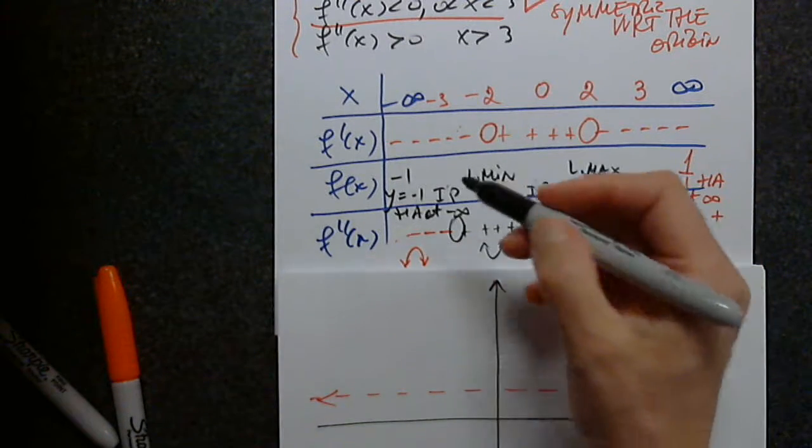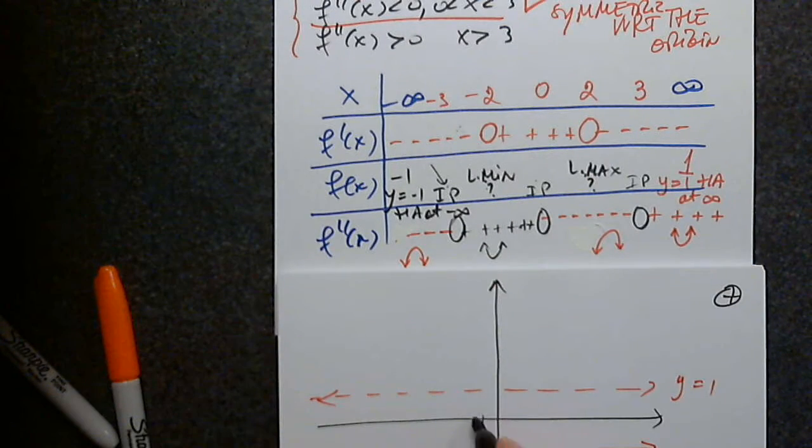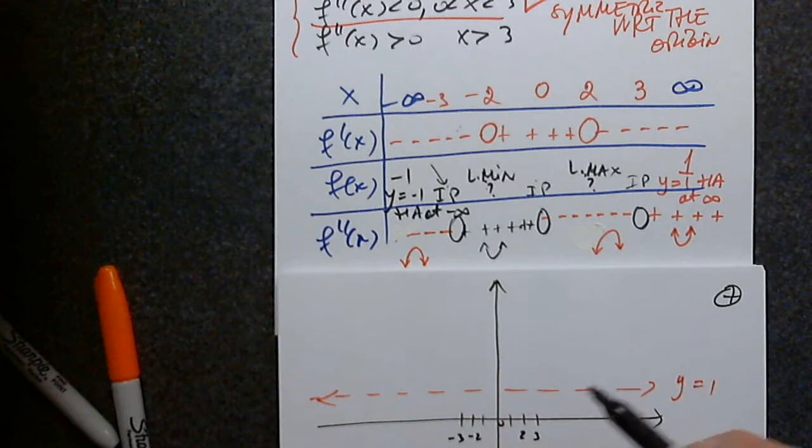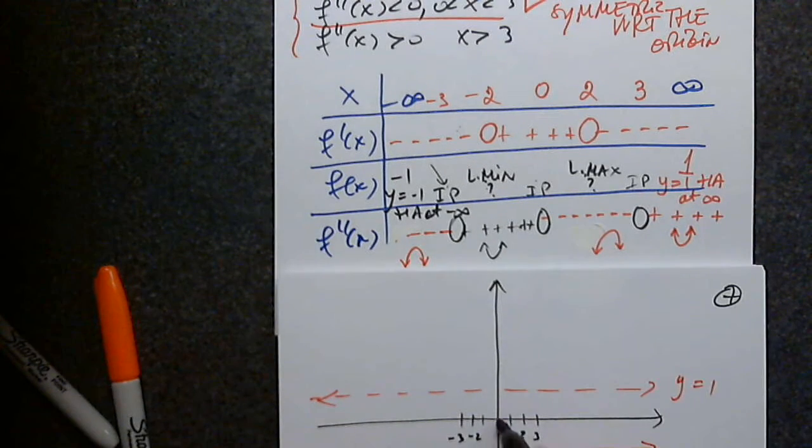So the function has to decrease to this -3. Oh no, it's -3. I don't have a number. And 1, 2, 3. So this is -2, -3, 2, and 3, and this is the origin. At the origin, the function has to have an inflection point, and it has to be here because otherwise it will not be symmetric with respect to the origin.